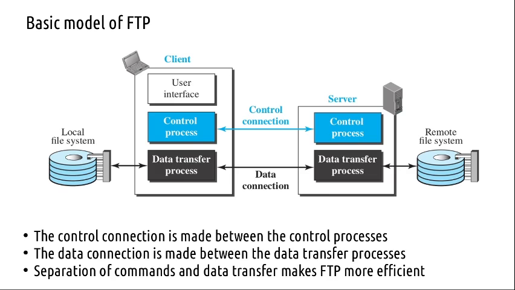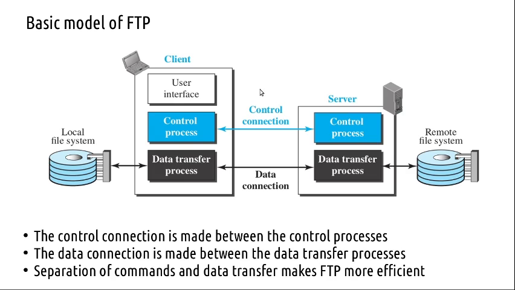So the basic model is that you have a client and a server. The client is requesting some access from a remote server. You have a user interface, for instance FileZilla. There is a client side software as well as a server side software.